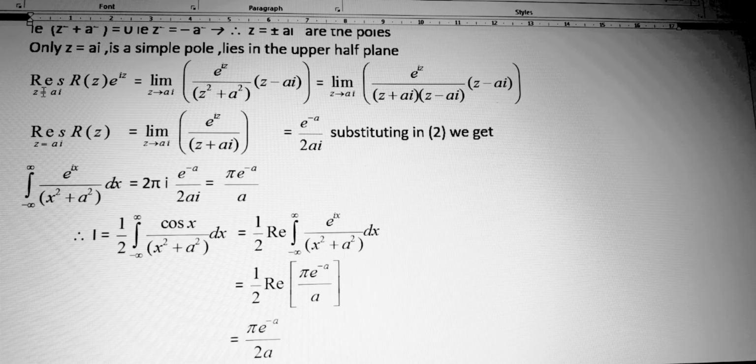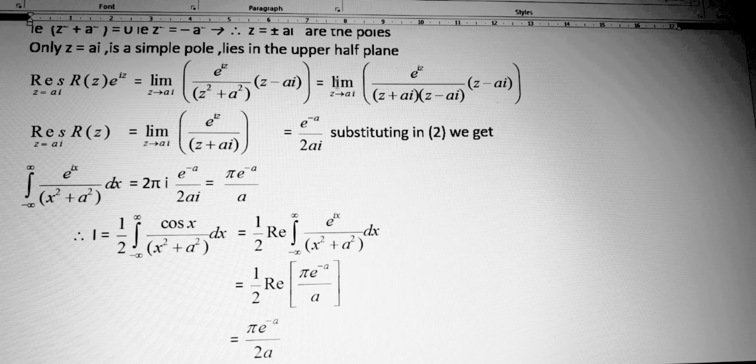Now, the residue of R of z into e raised to iz at z equal to ai equals the limit as z tends to ai of e raised to iz by z square plus a square into z minus ai. This is because the pole is a simple pole, so we use the formula for that.